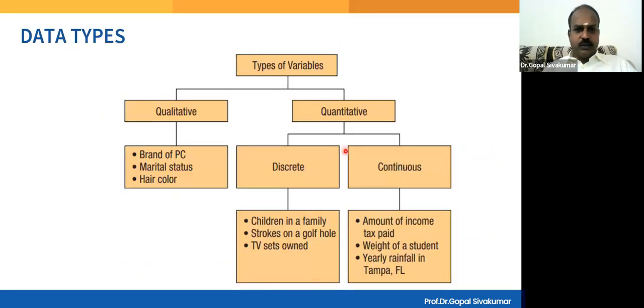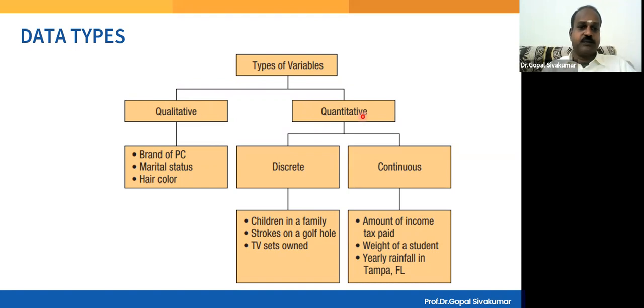To get a little deeper understanding, we are now talking about data, we are talking about variables. Basically, there are two kinds: a qualitative variable and a quantitative variable, or qualitative data and quantitative data. Suppose I collect information about the names of the employees working in my company.